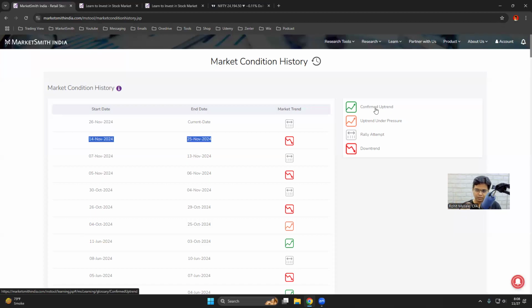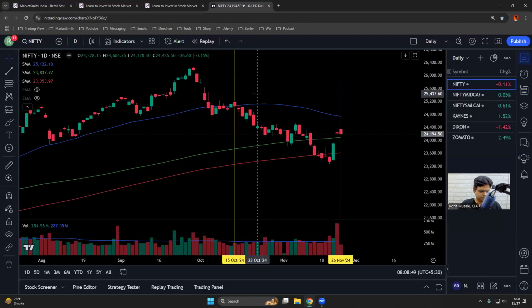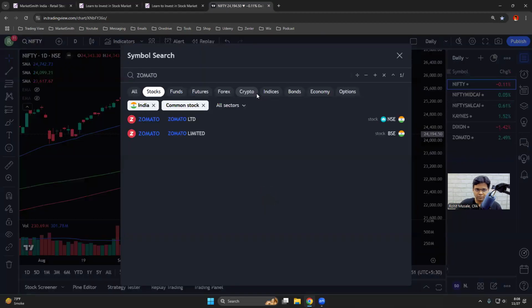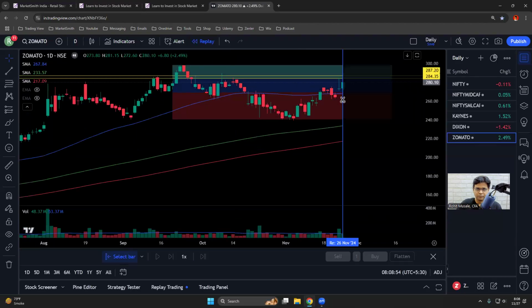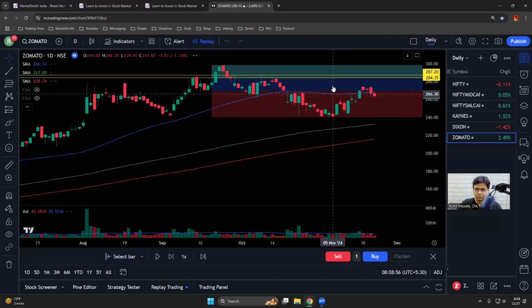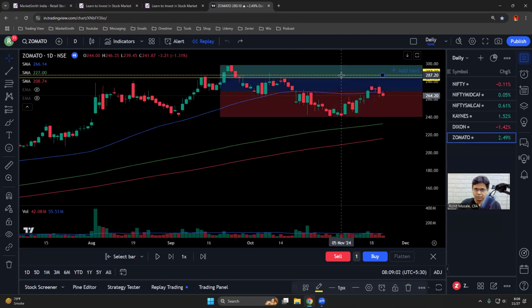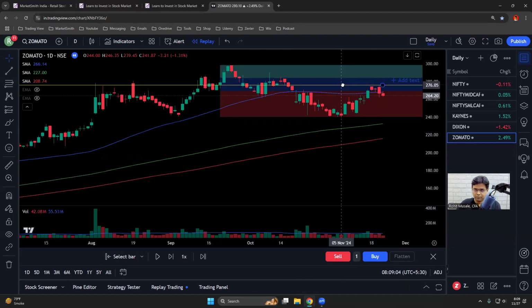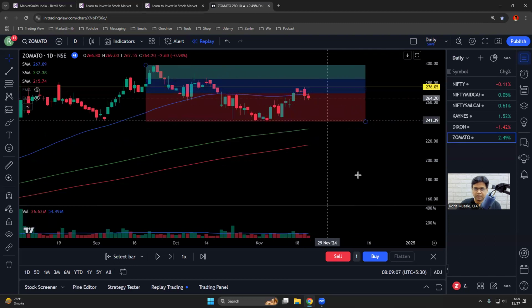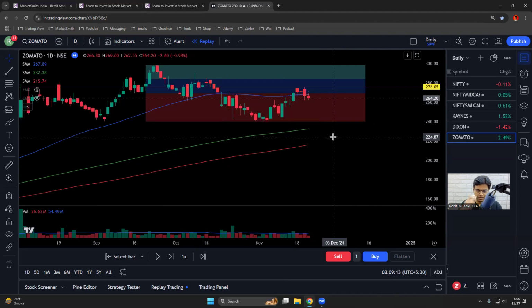So, for example, if you find a stock, let's say Zomato, this will be very easy for you to understand. Have a look at this base. How many points in the base? 1, 2, 3, 4. 4 points in the base.